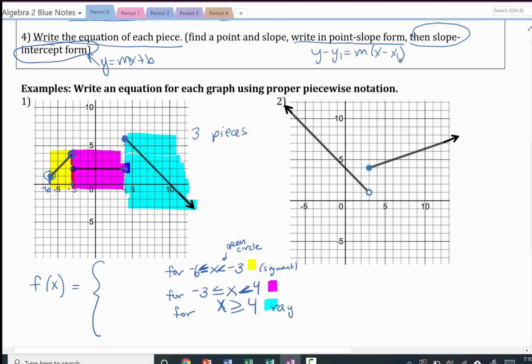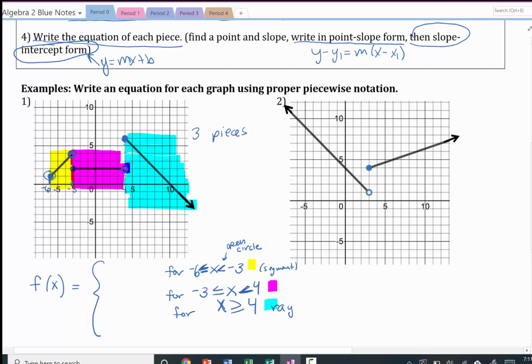Okay, so for this piece here, the one that was between -6 and -3, if I count rise over run, it looks like it goes up 1, 2, 3, and over 1, 2, 3. Or if you wanted to look piece by piece, it's going up 1 over 1, up 1 over 1.